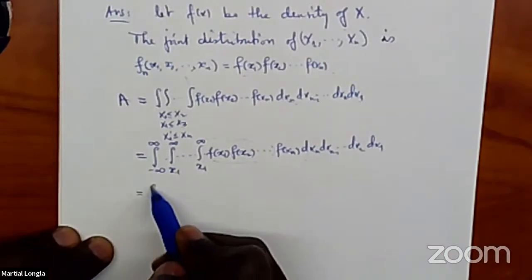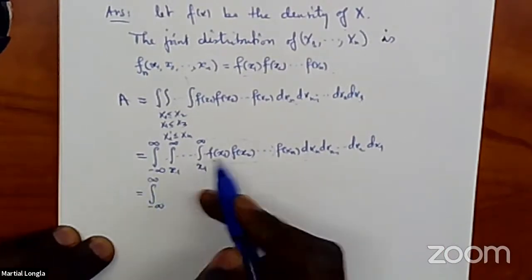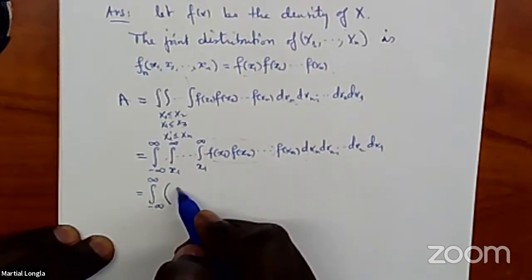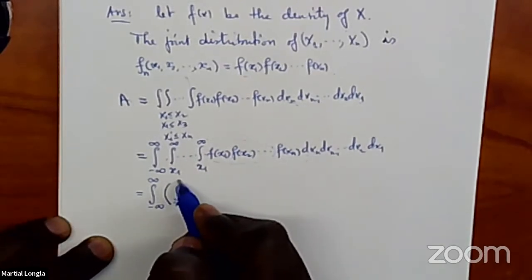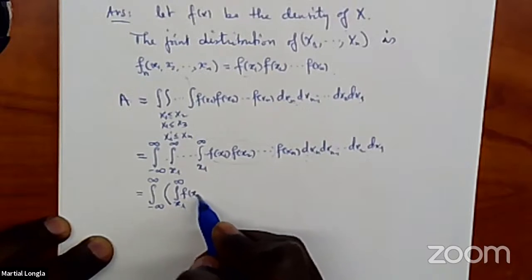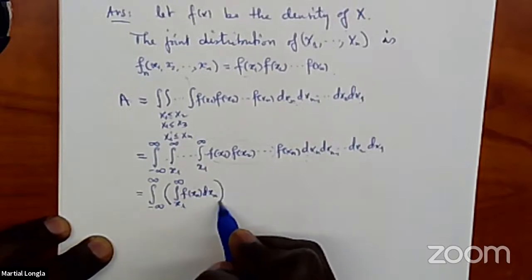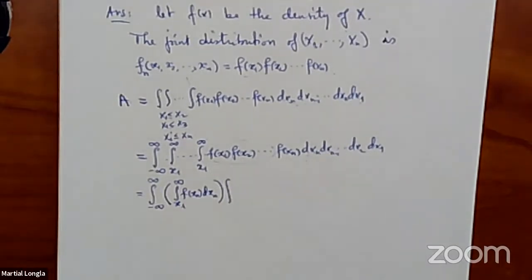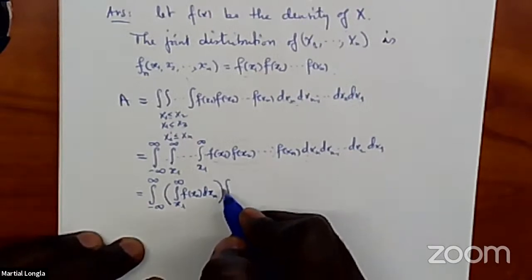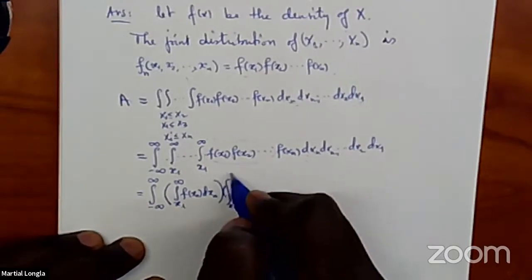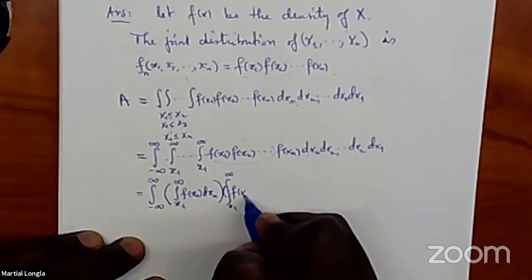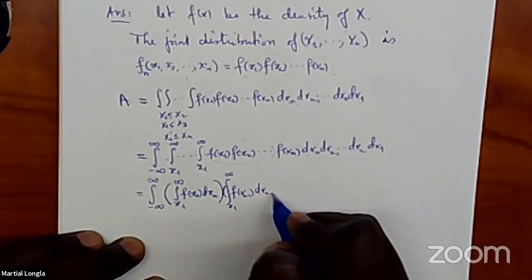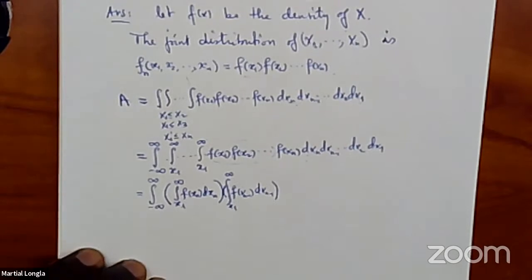So that's going to be the integral from negative infinity to infinity of f of xn dxn, and everything else stays. I'm going to apply that same thing to what is staying. So it's going to be the integral from x1 to infinity of f of xn minus 1 dxn minus 1. It comes out because it has nothing to do with the rest.